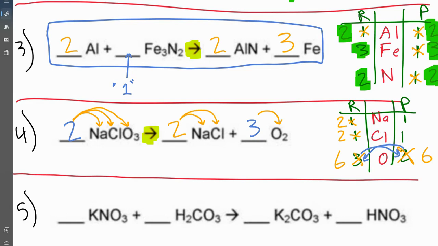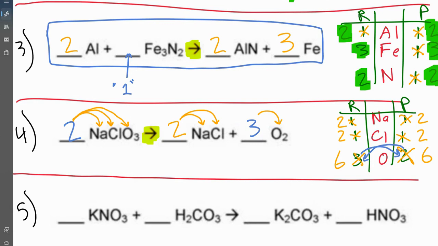Just as in all these, the coefficients distribute. So instead of 1 sodium, now we have 2 sodiums, and instead of 1 chlorine that we used to have, now we have 2 chlorines. Well, that just took care of all of it for us. We have 2 sodiums, 2 sodiums.